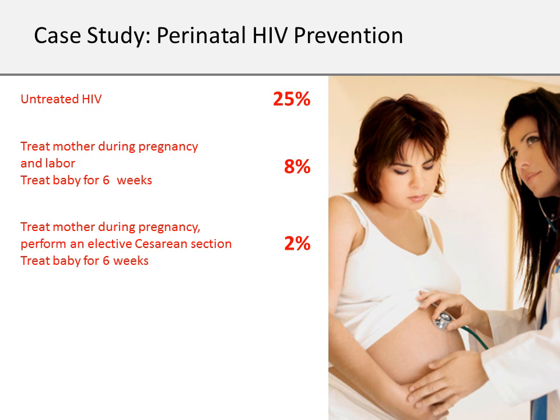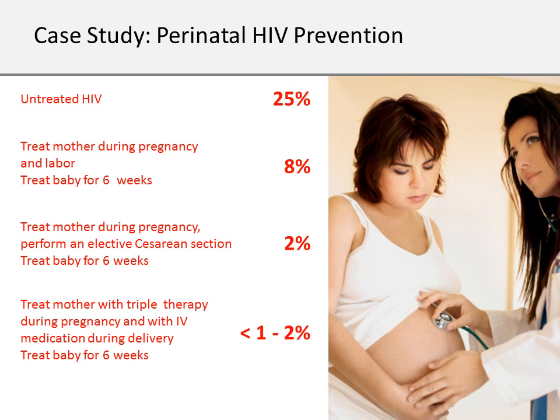And if the mother is treated during pregnancy and has a cesarean delivery, and that choice would be made based on her viral load, and the baby is treated for 6 weeks, the rate of transmission drops even lower to 2%. And there are even better results when the mother receives triple therapy during her pregnancy, IV ZDV during labor, and her baby is treated for 6 weeks. Then the rate of transmission can drop to lower than 1 to 2%.